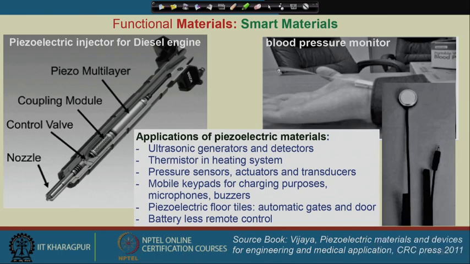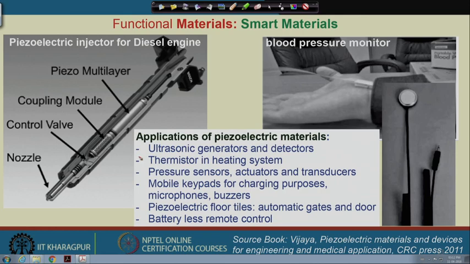I show you some examples here, because we can generate an ultrasonic pulse. We can continuously give a frequency of electrical signal, which can convert into a mechanical pulse, or let us say some thermistor, or maybe some pressure sensors we can develop. We can also use this piezoelectric effect for injection in diesel engines.